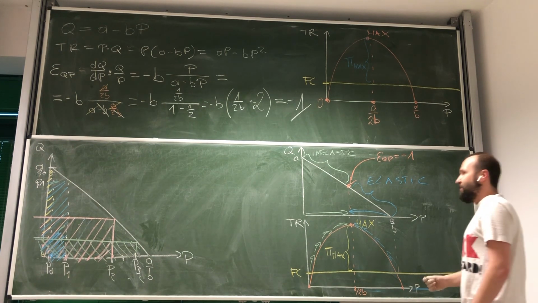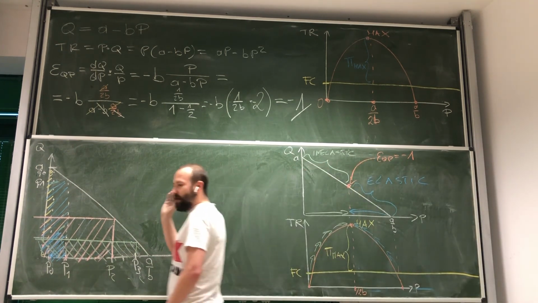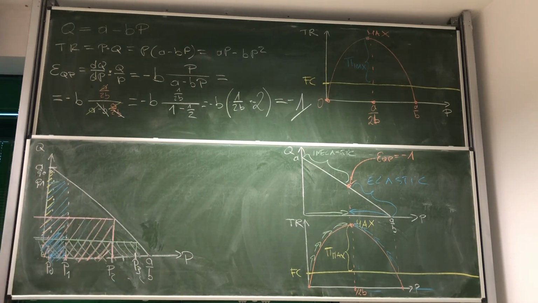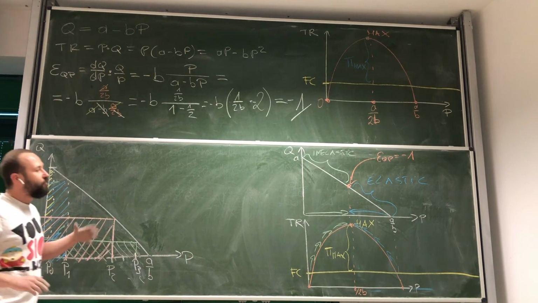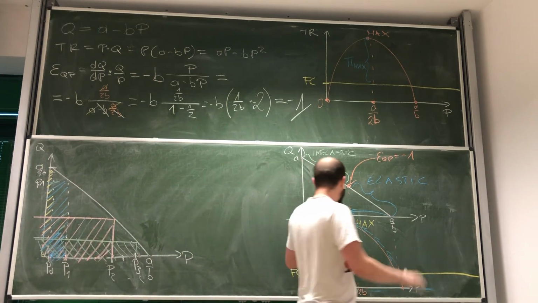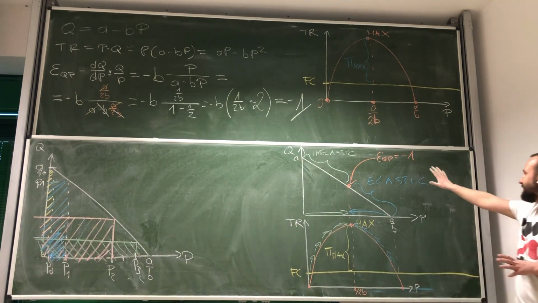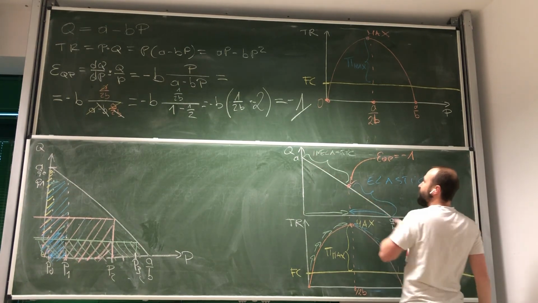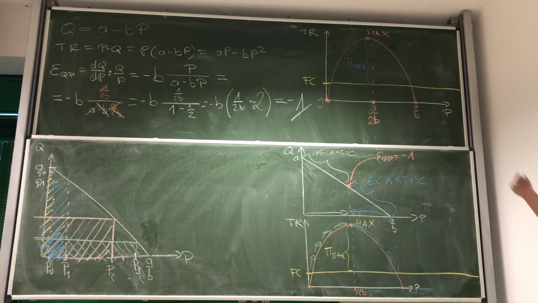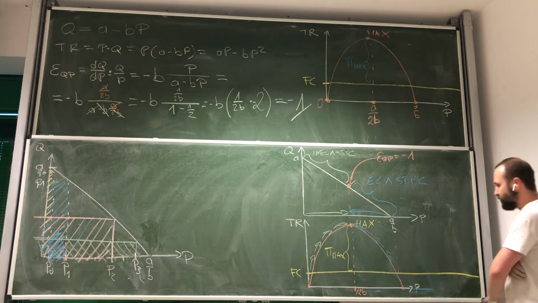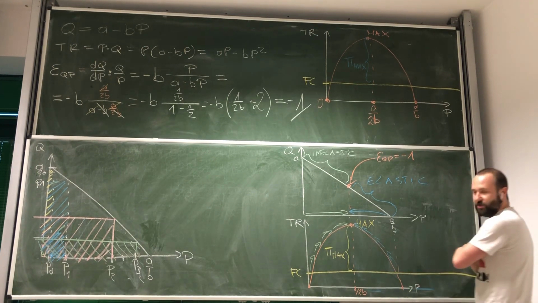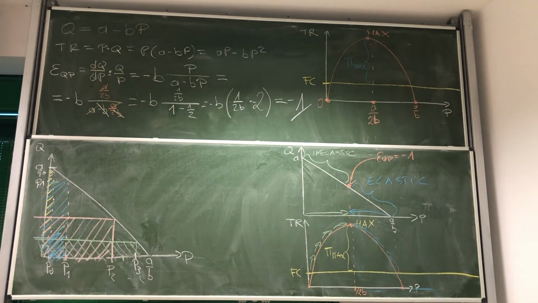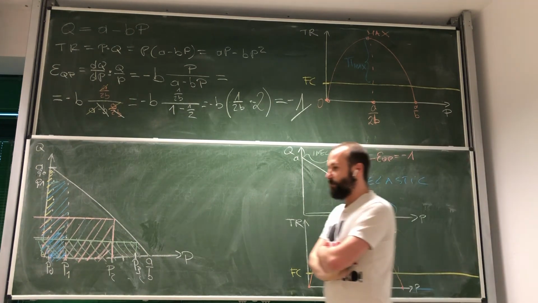What I want you to remember from this is also how to interpret price elasticity of demand, and what the relationship is between elasticity of demand, even for a very simple linear function as we devised here, and the total revenue function, especially in the context of the pure sale problem. Okay, so this is it about this topic.